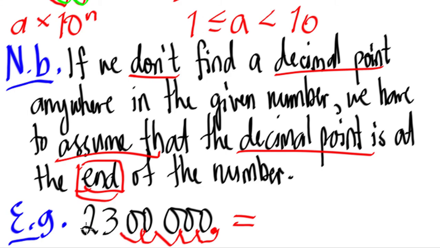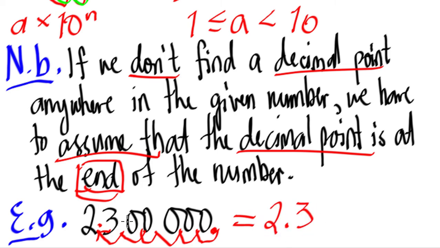Now this is 23, and it's still greater than 10. So for the sixth movement, we have achieved the value of a, which is 2.3 something, and this is clearly between 1 and 9.999 inclusively. So we use that value, 2.3.